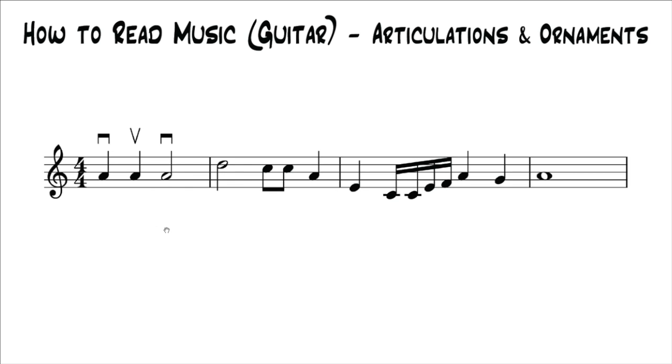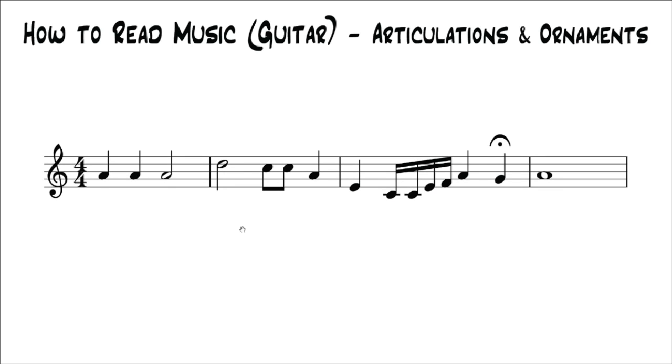The last articulation I'm going to show you for now, I'm going to show more in another lesson, in this lesson I'm showing you ones you'll run across the most, will be a fermata. That's this right here, this little bird's eye looking thing. A fermata means that it's up to you to hold the note for the duration you choose. Normally this is a quarter note, and in 4/4 time that would just get 1 beat and you'd move on.